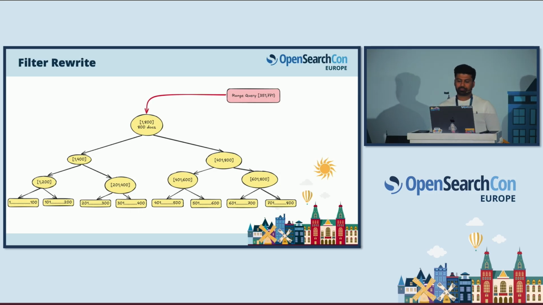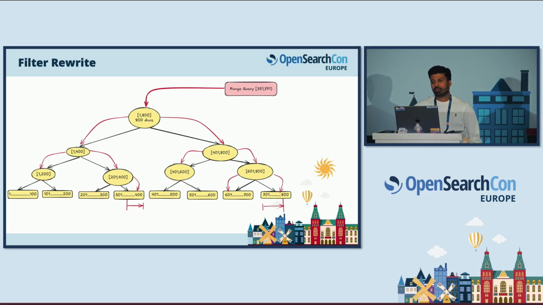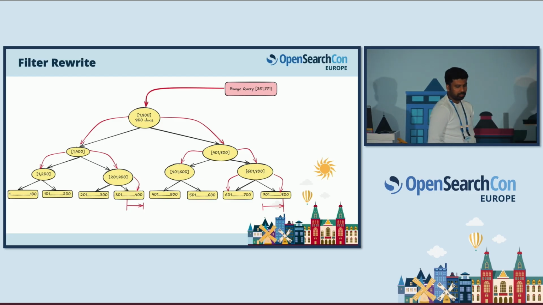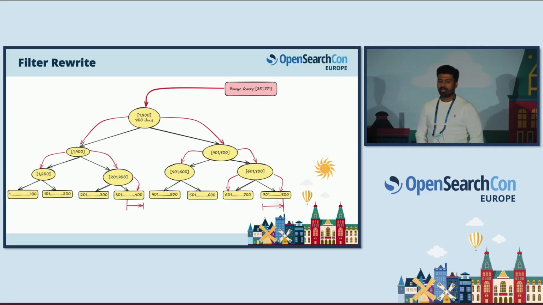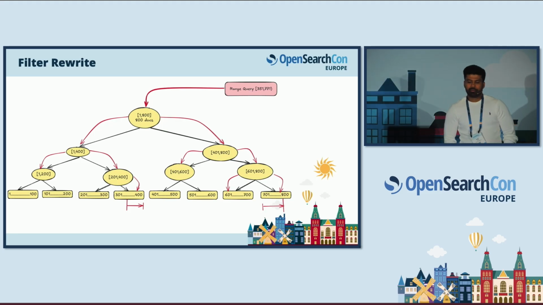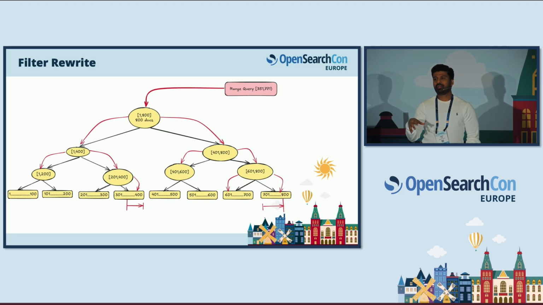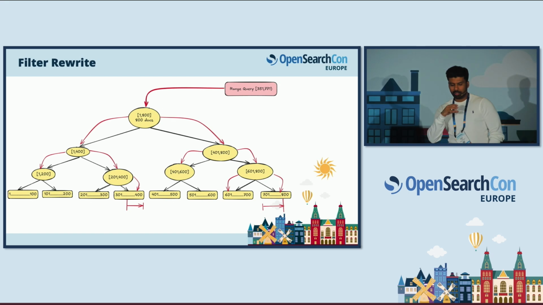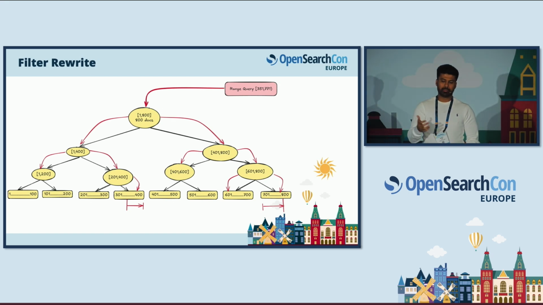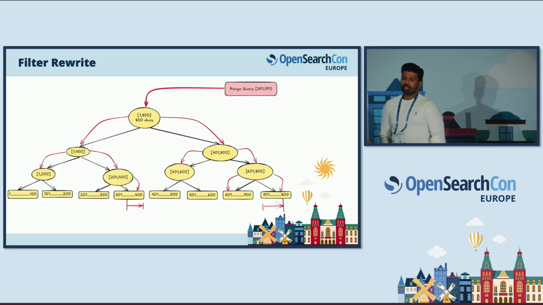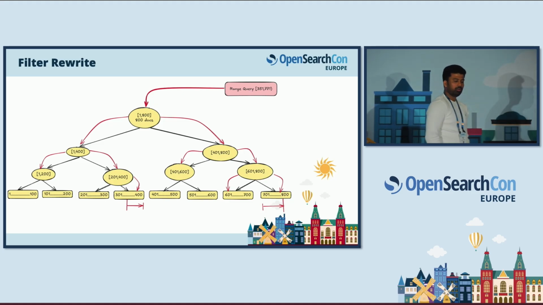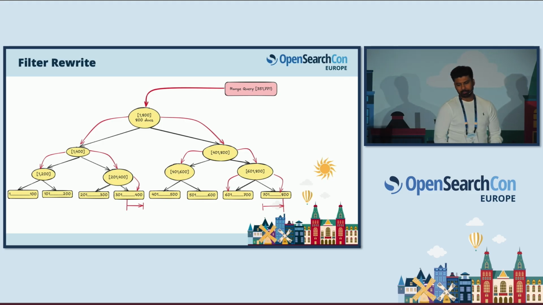A good way of doing that is to start at the top of the tree and say, okay, I'm looking for documents in this range, and from the top it says this is something which intersects with what I have, right? So you go deeper into the tree towards the left and right subtrees, and as long as you keep having a match, you keep going down in the tree.